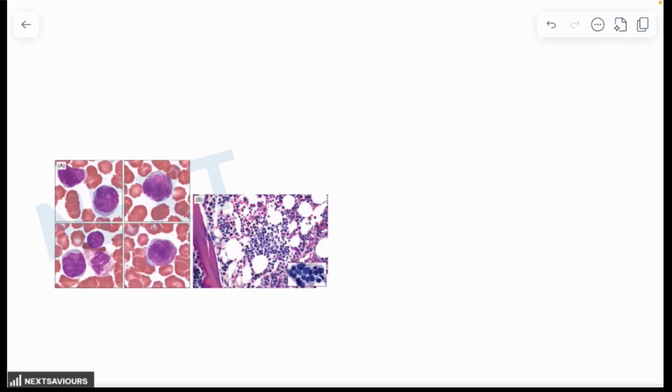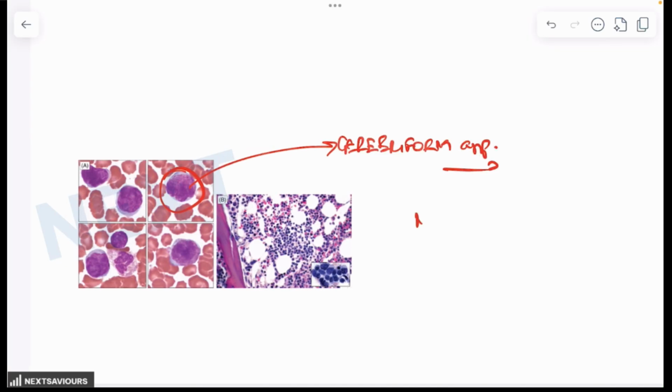Now, here in this case, as you can very clearly see, a deeply folded, convoluted, or brain-like, that means cerebriform appearance, is a feature of mycosis fungoides. So, these are basically the cutaneous T cell lymphomas where there is a presence of cerebriform nuclei which are characteristic of the Sézary cells.